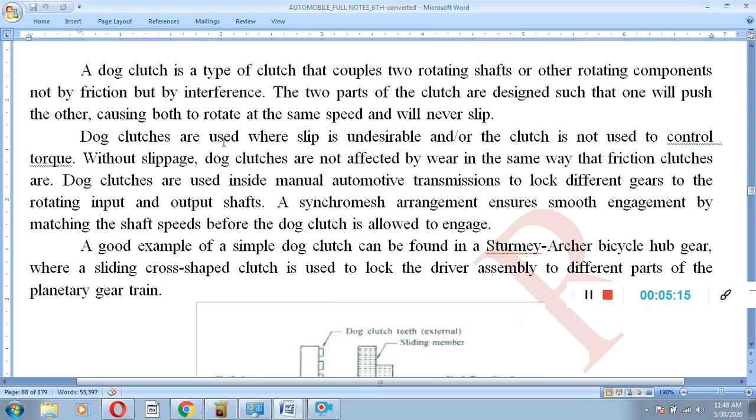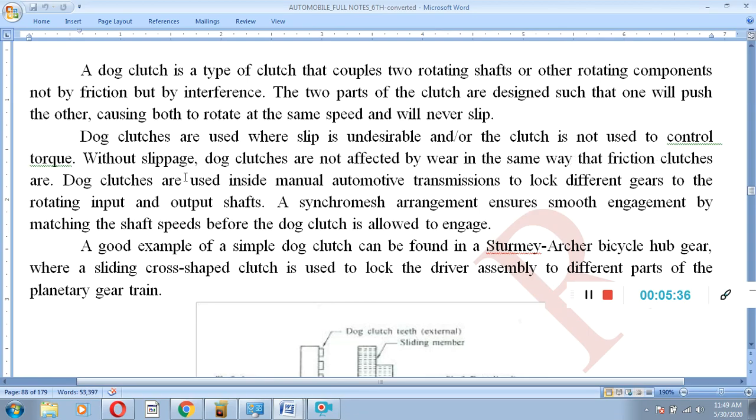Dog clutches are used where slip is undesirable or where the clutch is not used to control torque, without slippage. Dog clutches are not affected by wear in the same way that friction clutches are.